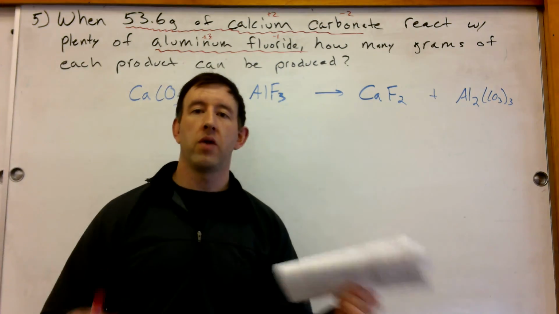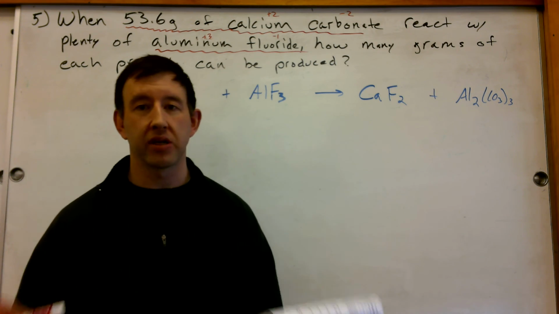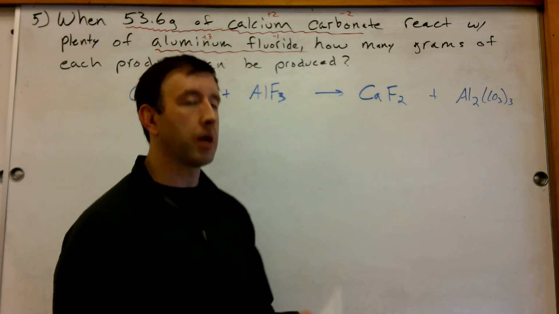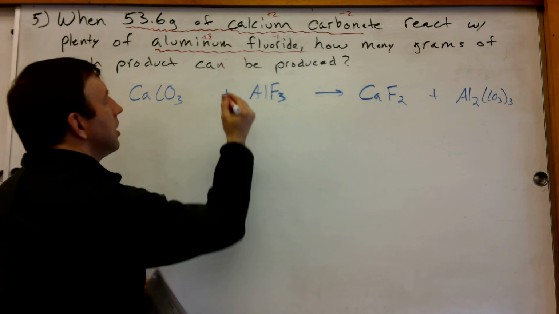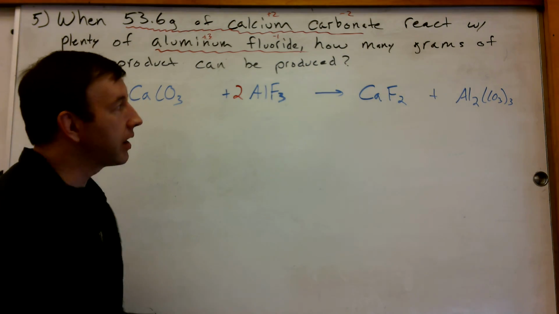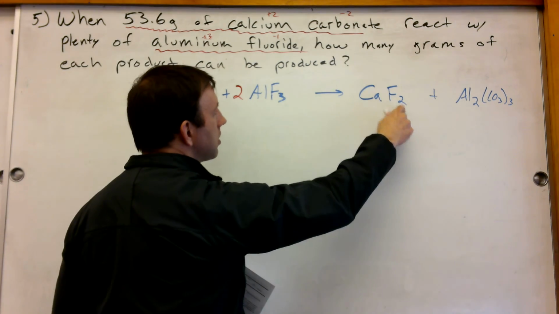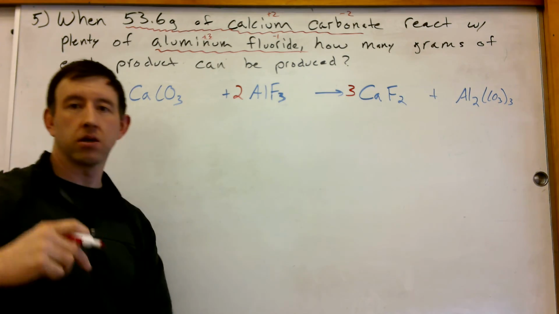Whenever I have a 2 on one side and a 3 on the other, that's my automatic indicator to bring them both up to 6, which you should remember from last chapter. So if I've got 3 fluorines, I want to make that 6. I'm going to put a coefficient of 2 there because 2 times 3 is 6. Now I've got 2 fluorines here, so I'm going to put a coefficient of 3 to bring that one up to 6.